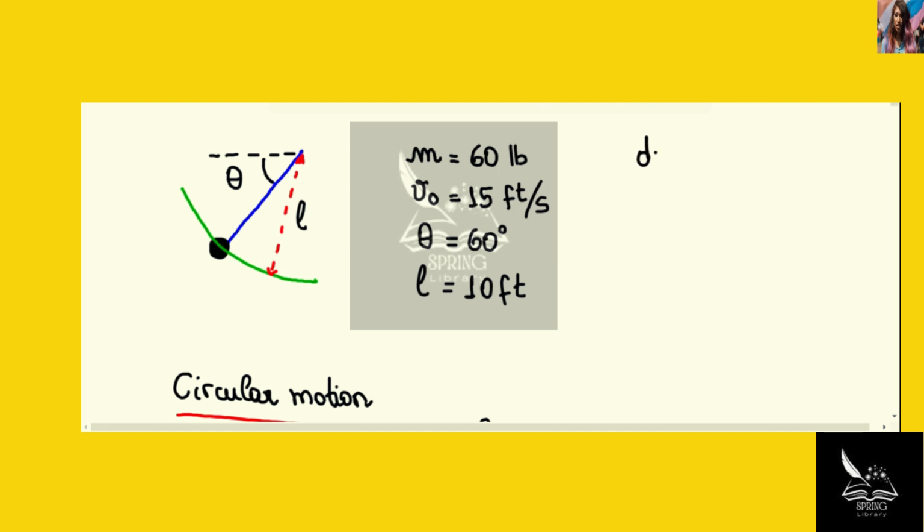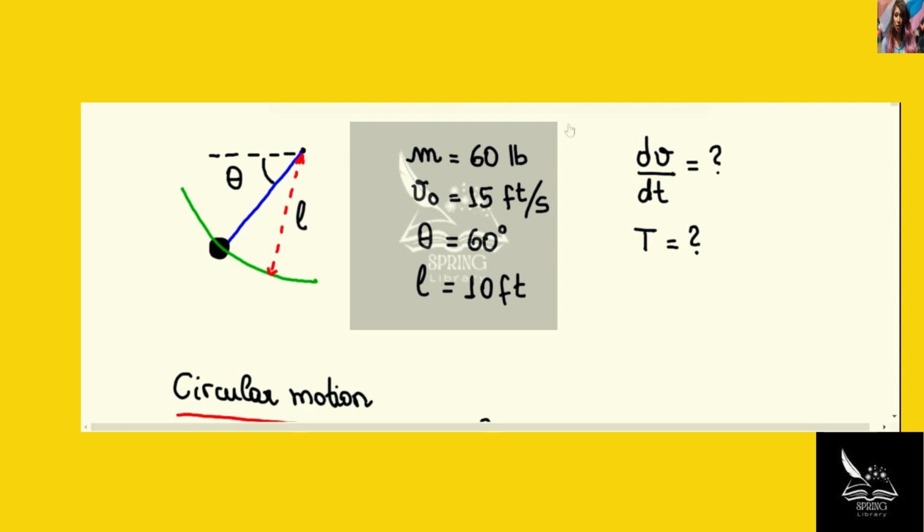And our goal is to find both the rate of increase, that is dv/dt, of the boy's speed, and the tension in each of the cables that connect the boy to the center of rotation.